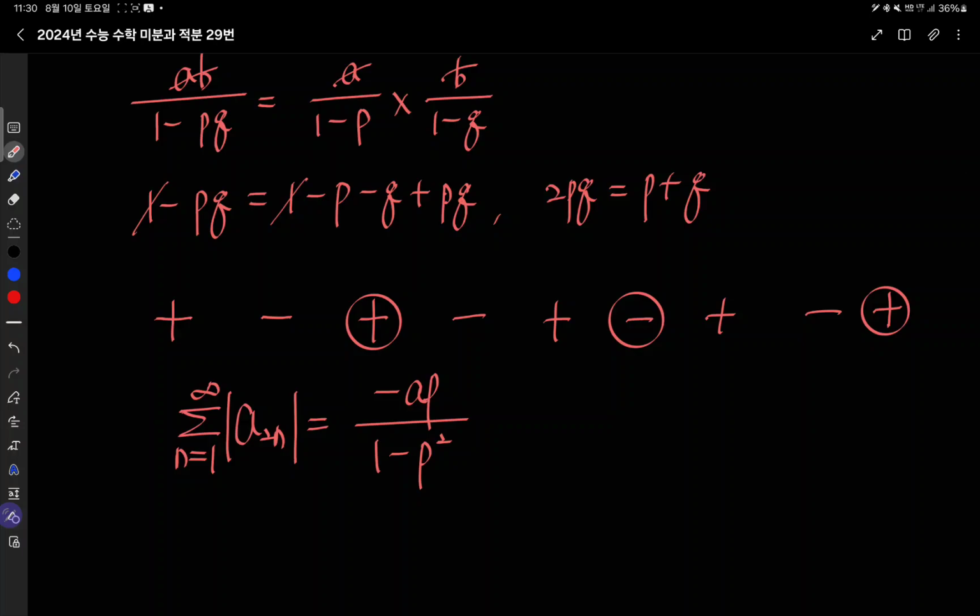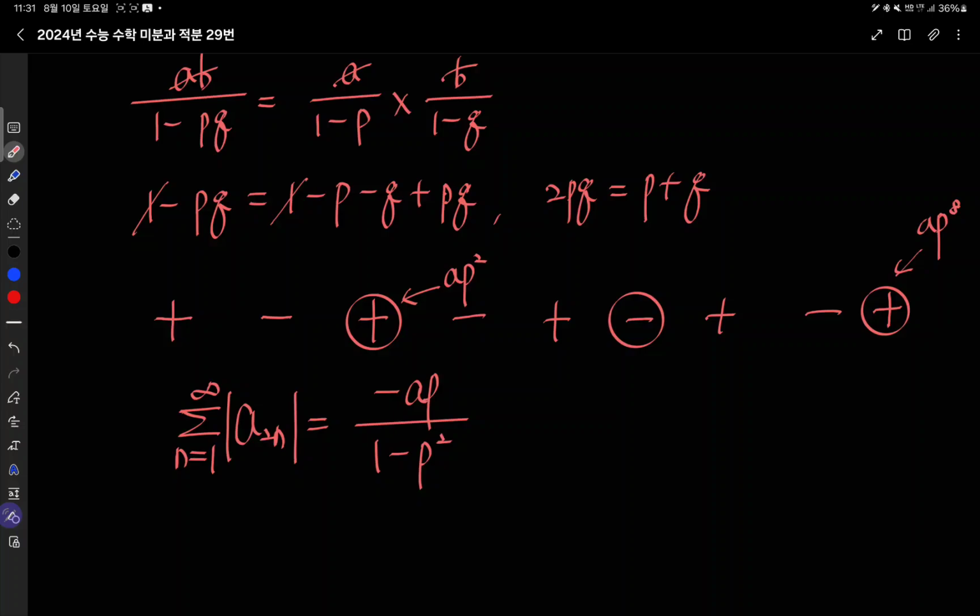So in this case, if we think of odd multiples of 3, this term is AP squared, and this term is A times P to the 8th power.